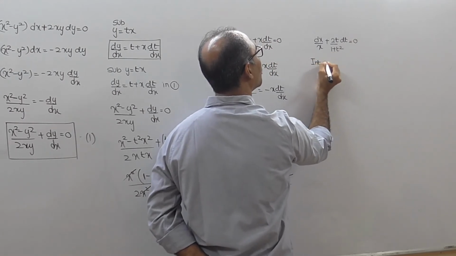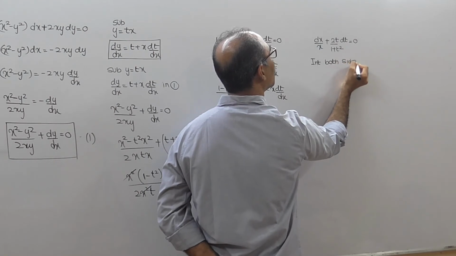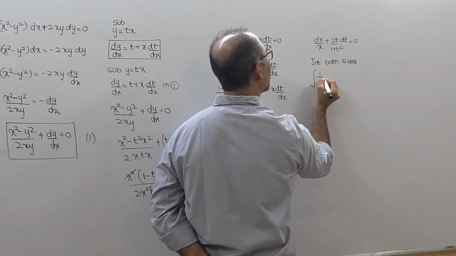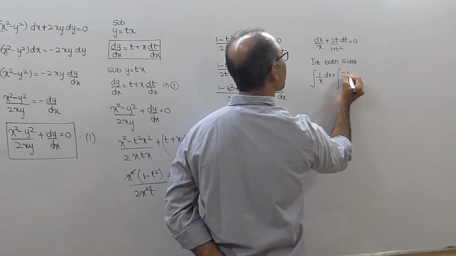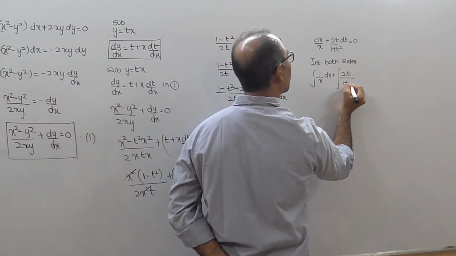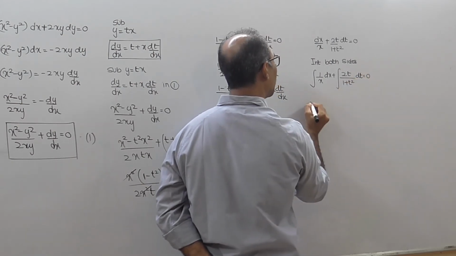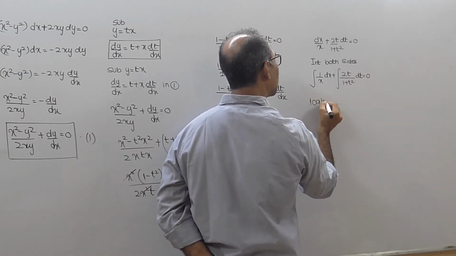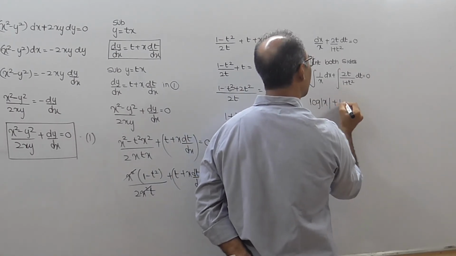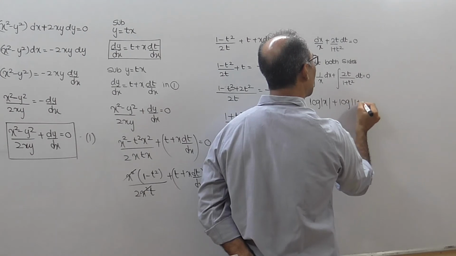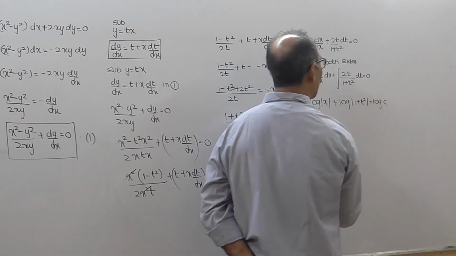Now what you can do is you can integrate both sides. If you integrate both sides, you should get integration 1 upon x dx plus integration 2t upon 1 plus t square dt equal to 0. Integration of 1 upon x is log modulus of x. This is in the form of f dash of x upon f of x. The answer is log modulus 1 plus t square, and subsequently we can write this as log of c.